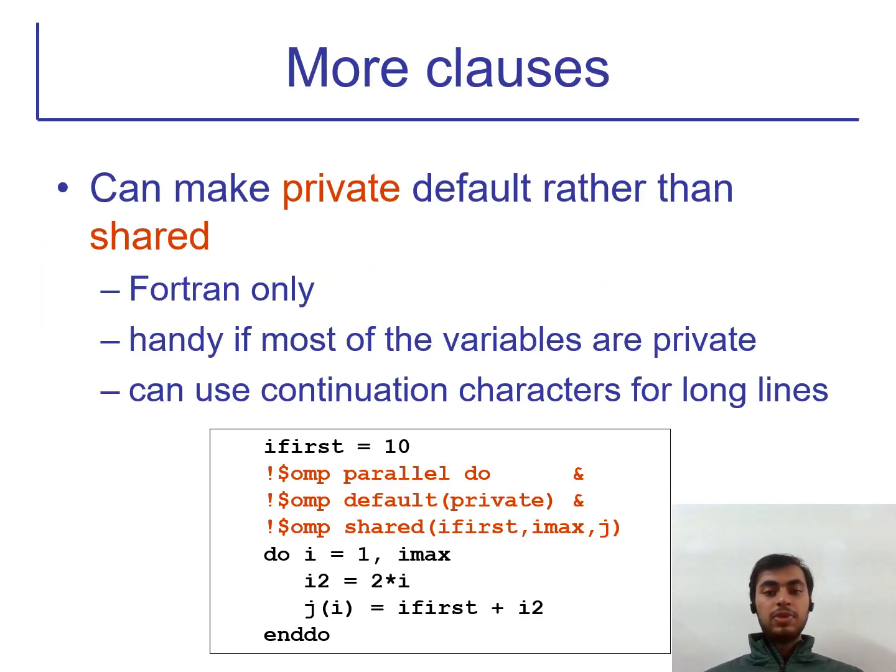Let's see some more basics, more clauses. We will look at more clauses. Can make private default rather than shared. Fortran only, handy if most of the variables are private. Can use continuation characters for long lines.